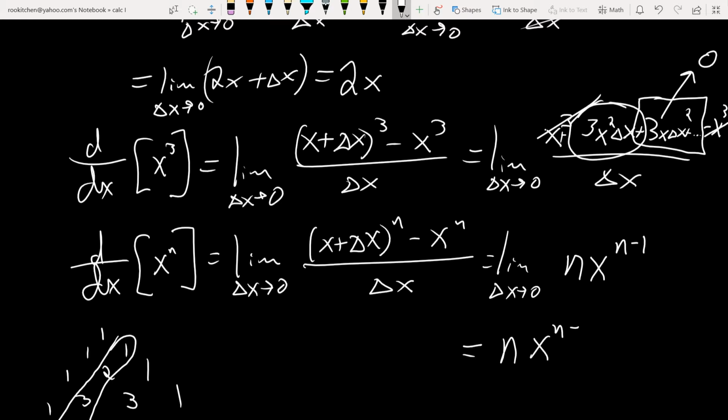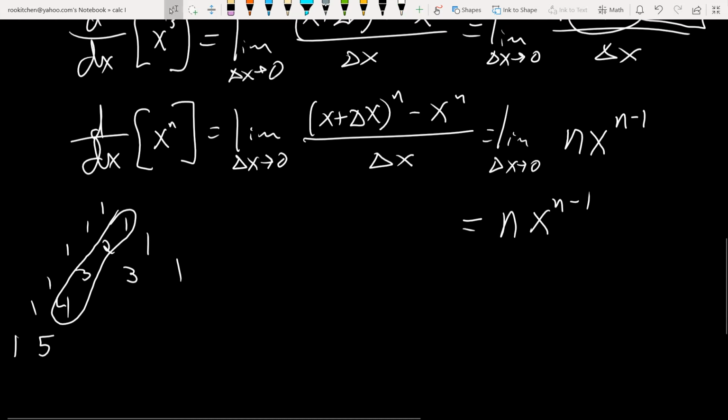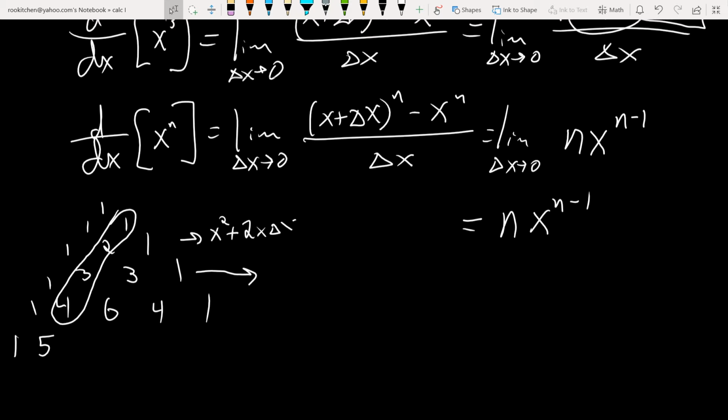And that'll be our general formula. They go over it in more detail in the book, but you have to use Pascal's formula, which is a way of expanding binomials without having to go through the rigmarole, right? So this one represents x squared plus 2x change in x plus change in x squared. So you see the coefficients of those things are from the triangle.